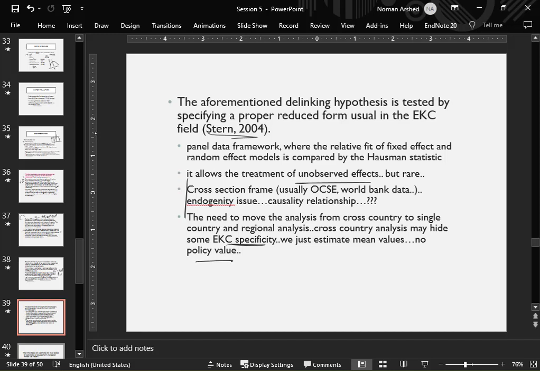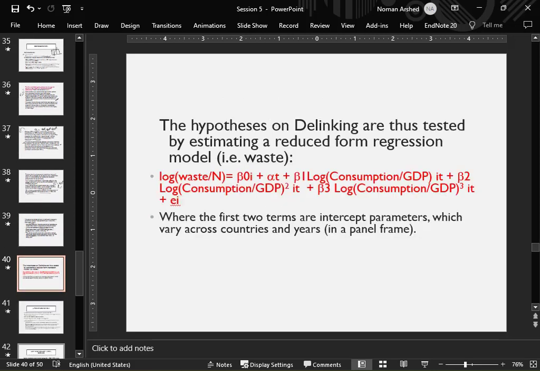So it is saying that the challenges are there in the data. The hypotheses on delinking are thus tested by estimating a reduced form regression, like log of waste per capita equals an intercept, the fixed effect term, plus a slope on log of consumption to GDP ratio, plus consumption to GDP ratio square, plus consumption to GDP ratio cube, where the first two terms are intercept parameters which vary across countries and years. So they are for panel data.